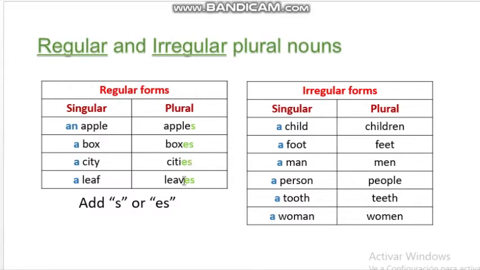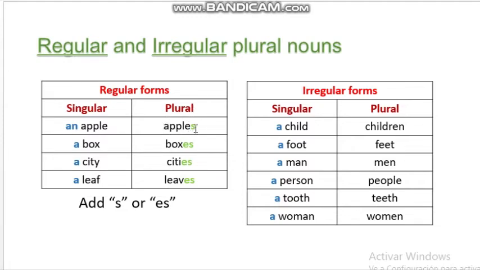But the group of nouns that don't follow the rules are called irregular nouns. As we can see, we have regular forms, with singular and plural. We say an apple because it is one, but it becomes apples in plural.